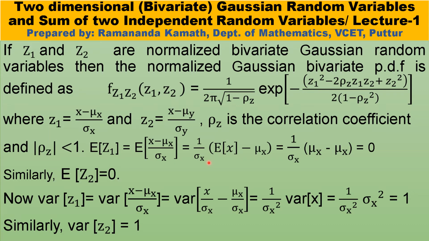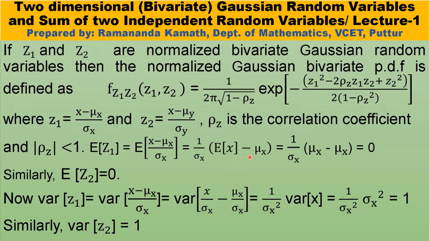If y is equal to ax plus b, then the expectation of y, E of y, is equal to a into E of x plus the constant b itself. So here expectation of (x minus mu_x) will be expectation of x minus this constant mu_x itself.